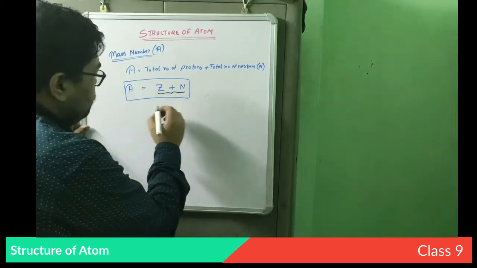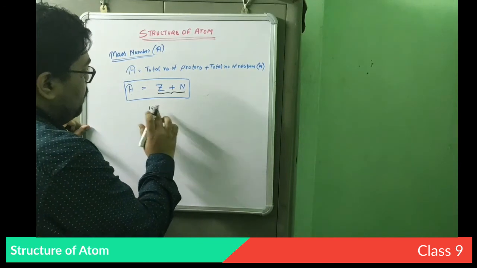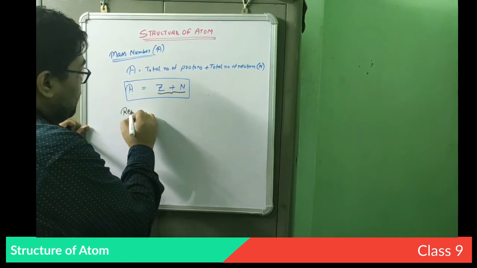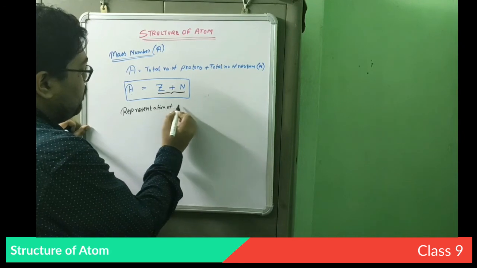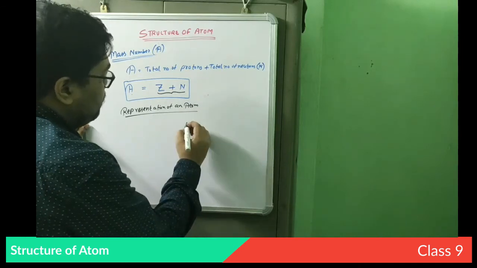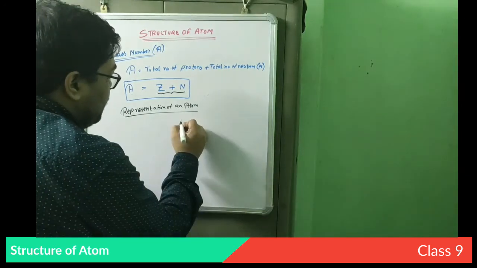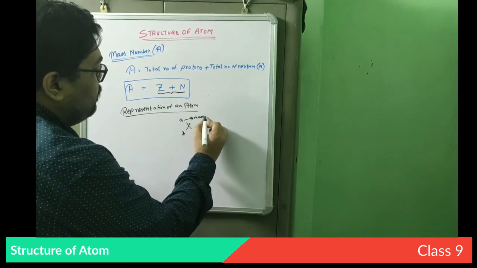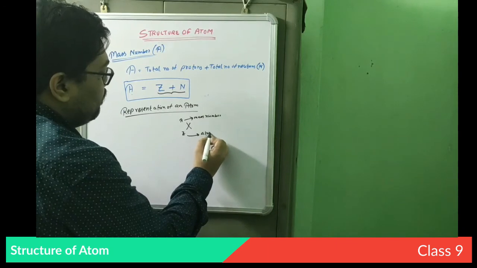Now if I tell you oxygen 16,8, I'm telling you the representation of an atom. How to represent an atom? If I consider an atom X, it is represented with A on top and Z at the bottom. A is the mass number and Z is the atomic number.